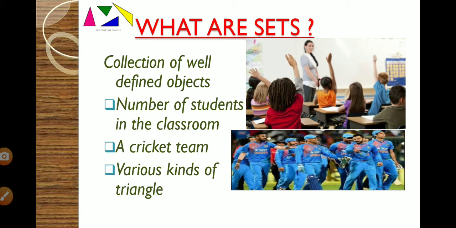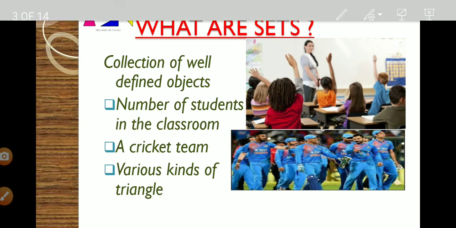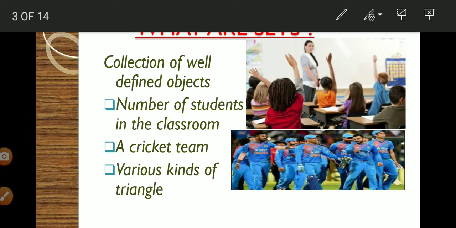Sets are usually denoted by capital letters and their elements are represented by small letters. Examples of sets used in mathematics: N is the set of natural numbers. Z is the set of integers. Q is the set of rational numbers.